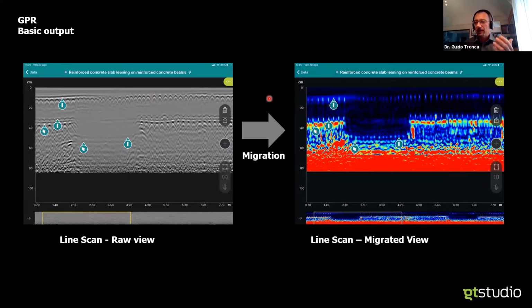So a migrated view is the closest thing to a real section of the object that I'm measuring. And I can see dots where the rebars are, top of the slab, bottom of the slab, bottom of the beam, and all the shape of the element I'm investigating.